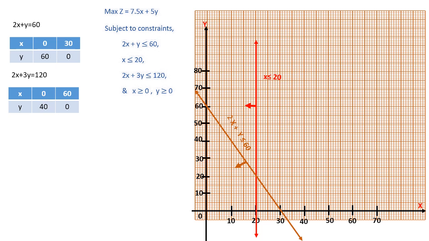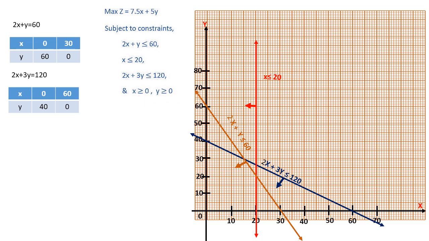Then next is 0 40. The point 0 40 is here, and 60 0, the point is this one. Plot and just join it, and take a point 0 0, and when you put, 0 less than 120 will come. 0 less than 120 means it is a true statement, means the region below is wanted, and label the inequality. Then x greater than or equal to 0, y greater than or equal to 0.